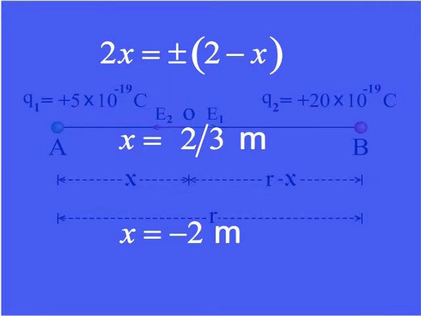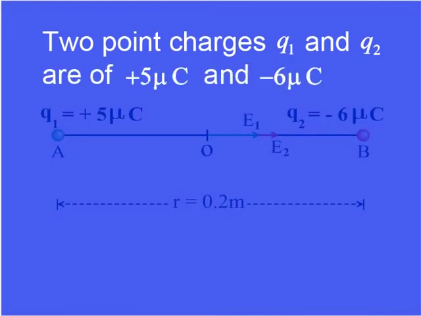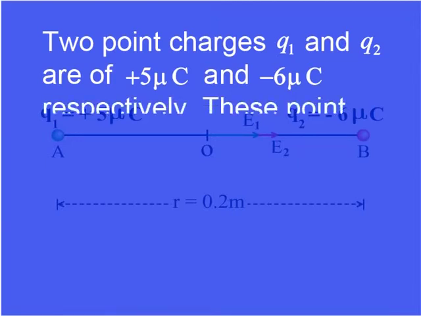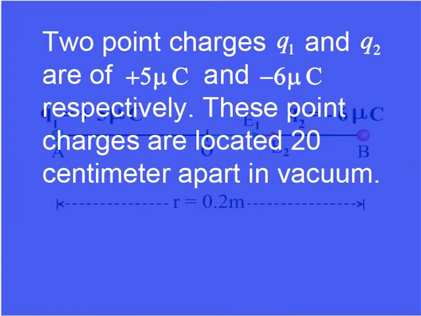Our next problem is: 2 point charges Q1 and Q2 are of plus 5 microcoulomb and minus 6 microcoulomb respectively. These point charges are located 20 centimeter apart in vacuum.